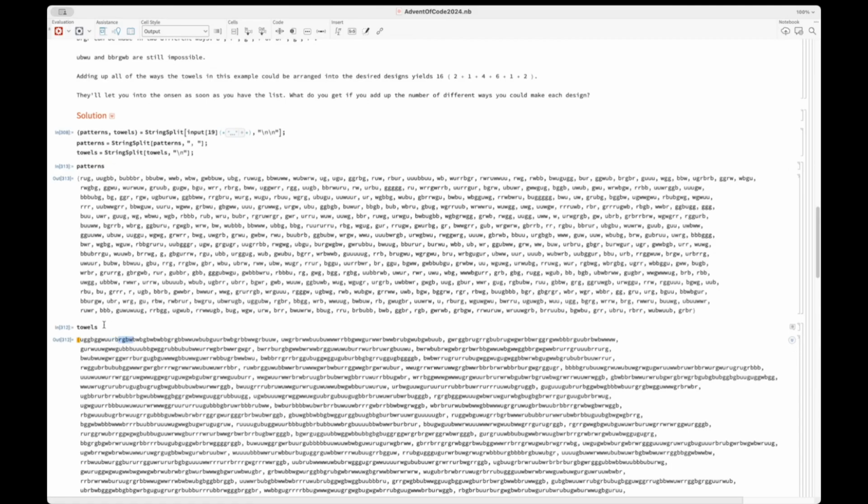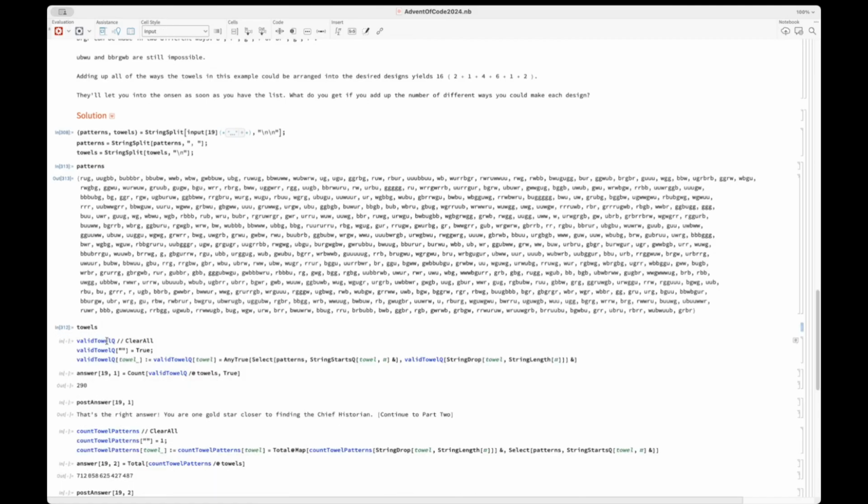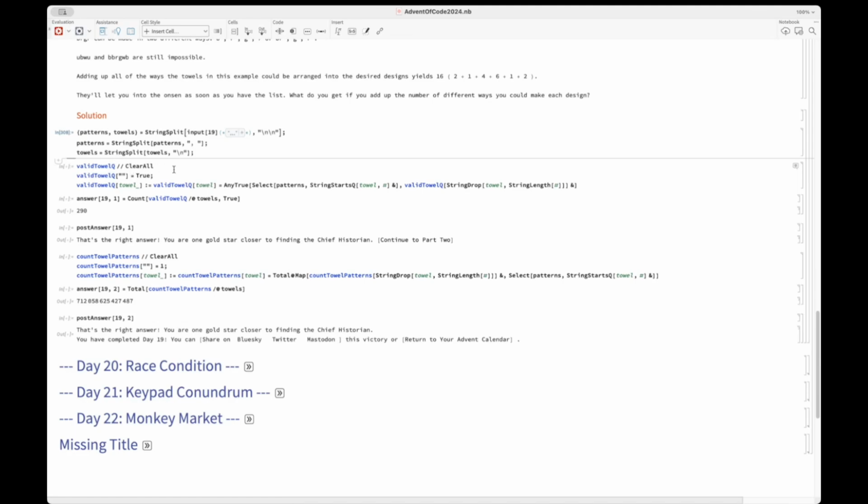So you just need to find all the strings from the allowed strings that, after joining them, make a new string. That's the task, right? And the naive part in the first part of it was just making the valid function, which is just a memoized version.